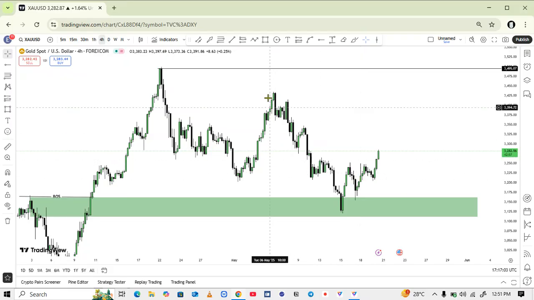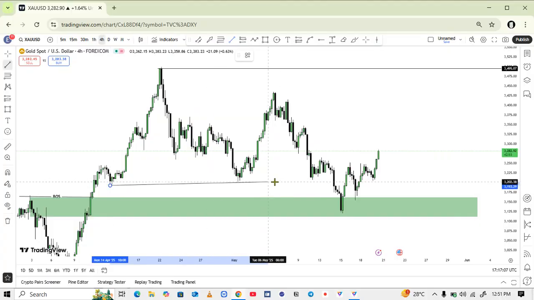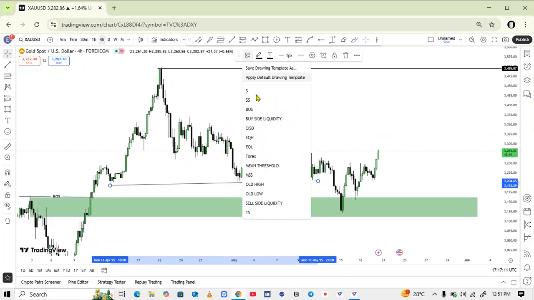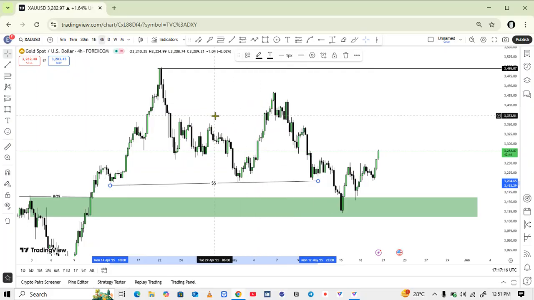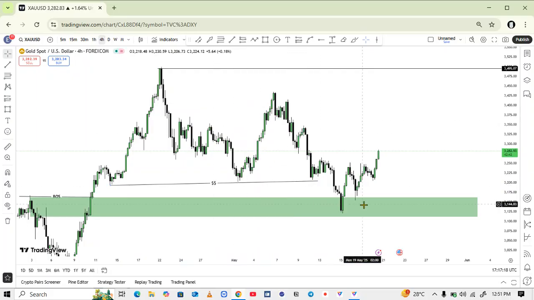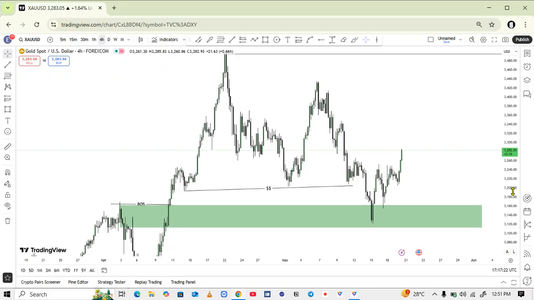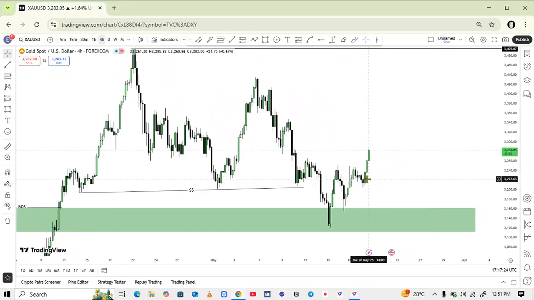I saw that price cleared sell side liquidity, which is called inducement. Smart money are inducing retail traders, manipulating them to come down into a key level before buying.